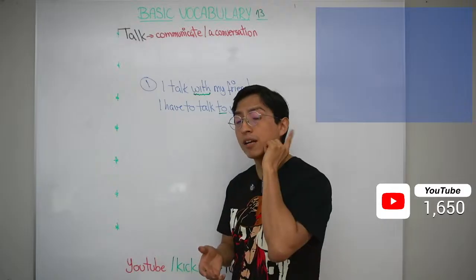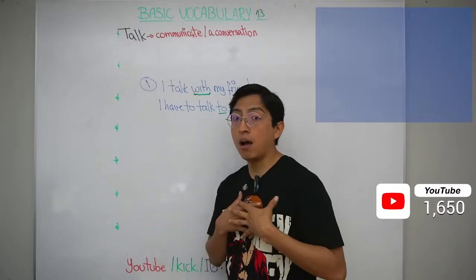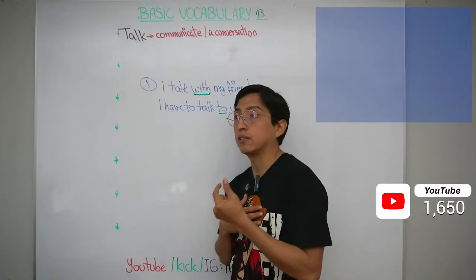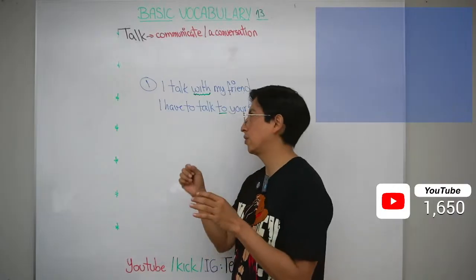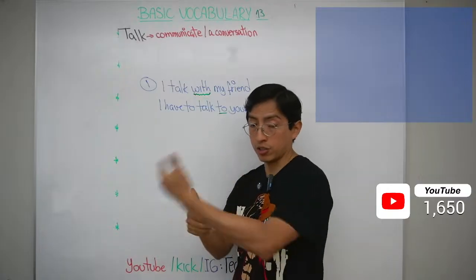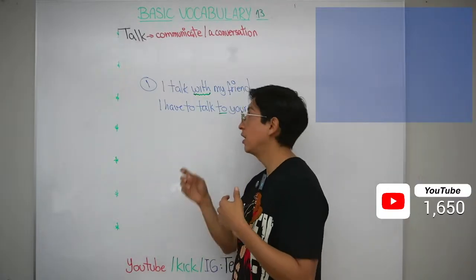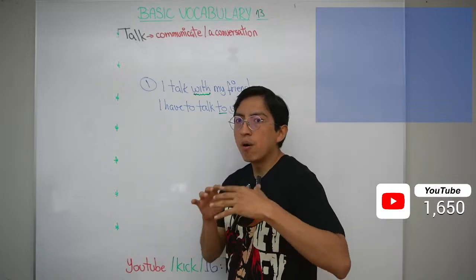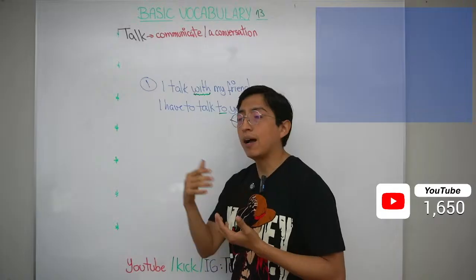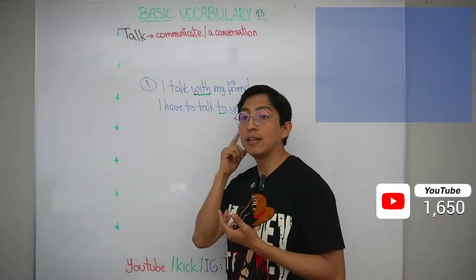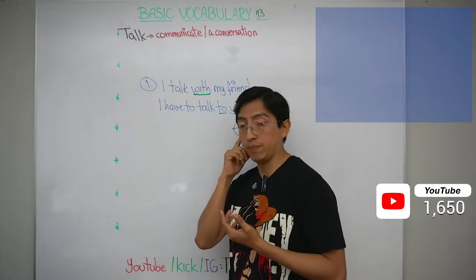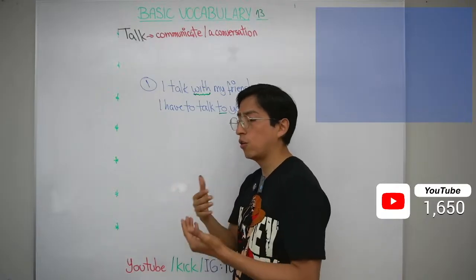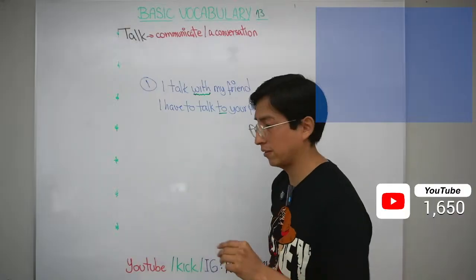So my parents are going to listen, and I am going to speak. So that is the difference: talk with is interaction, you speak, I speak, and talk to, I speak most of the time, and the other person listens to me. That is the only difference. You can use talk to or talk with.